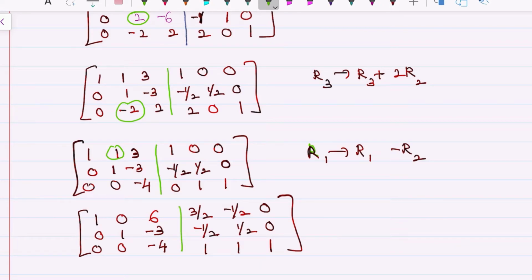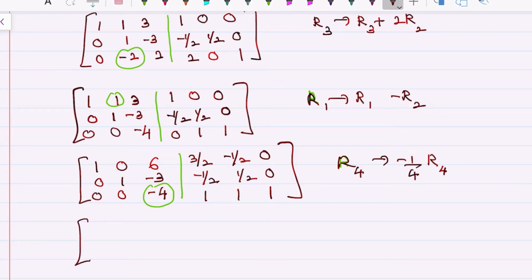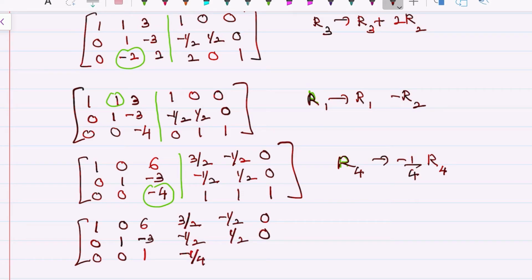Now if I were to do minus 1 by 4 times R3, then this entry becomes 1. And we are ultimately working at getting a 3 by 3 identity matrix. So this reduces to minus 1 by 4, minus 1 by 4, minus 1 by 4.